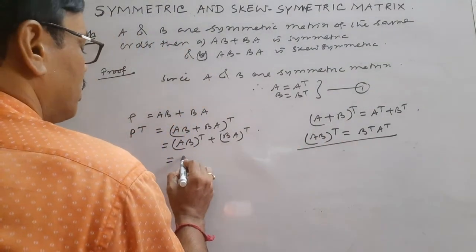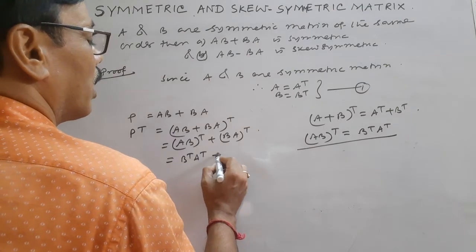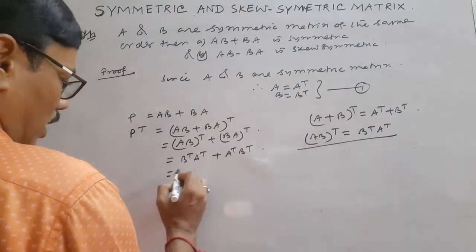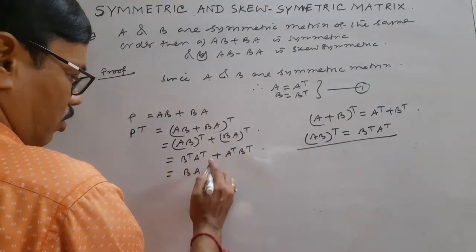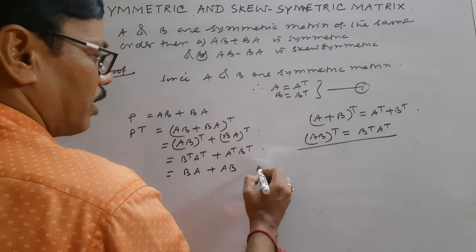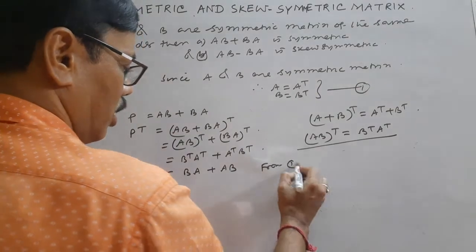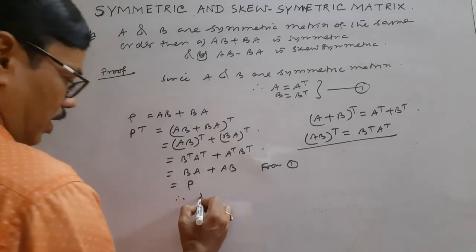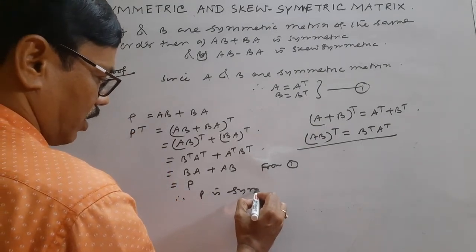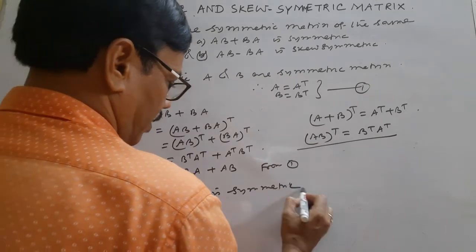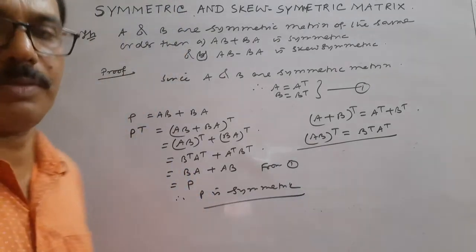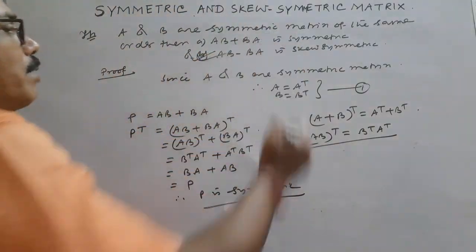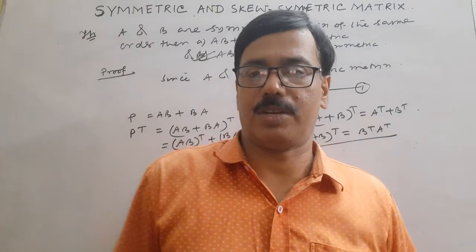So this is B transpose into A transpose and this is A transpose into B transpose. Now from 1, B transpose equals B and A transpose equals A. So we are getting this as P. So P transpose equals P. So P is a symmetric matrix. Now in the same way, you try to prove AB minus BA is skew symmetric.